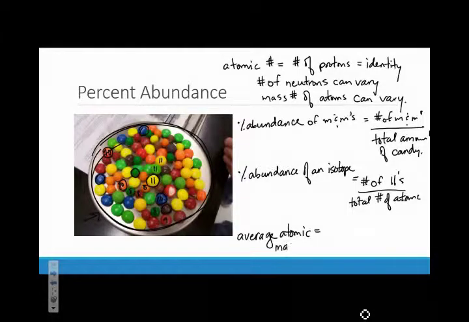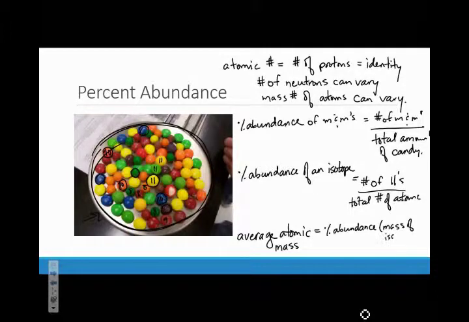So the average atomic mass would be equal to the percent abundance of one type of isotope times the mass of that isotope, plus the percent abundance of the second isotope, percent abundance number 2, times the mass of that isotope.